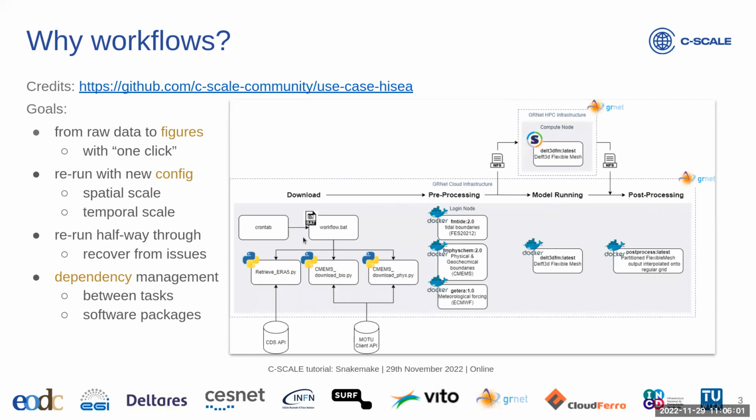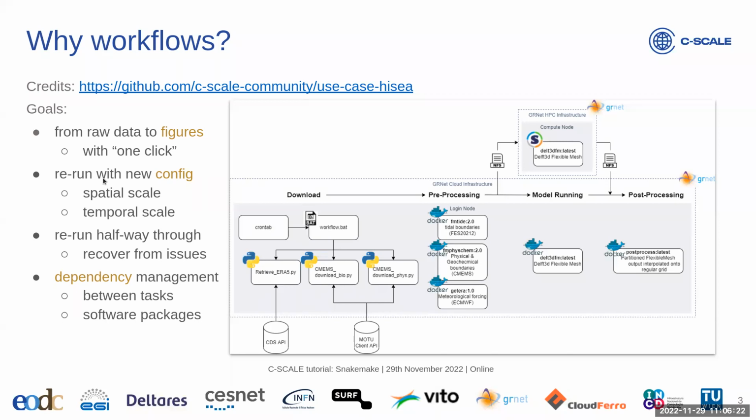The idea is that you chain all those steps together, and the goals are here on the left. You want to go from raw data to figures or tables or something that can be nicely shown in a paper with just one click. So everything is completely automated.